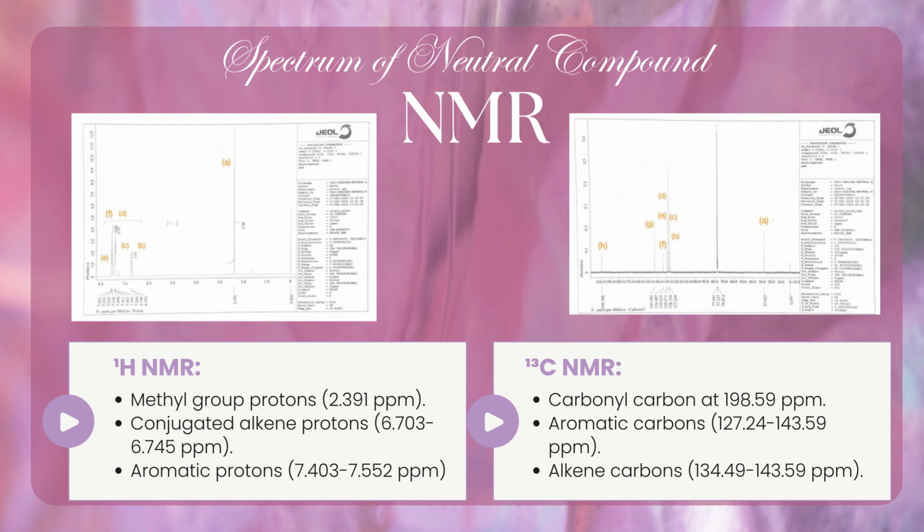And next one is for the carbon-13 NMR spectrum. The carbonyl group shows up at 198.59 ppm, indicating the presence of a ketone, and the rest of it were consistent with aromatic carbons and the conjugated alkene, which confirms to me that the structure of my neutral compound is 4-phenyl-3-buten-2-one.